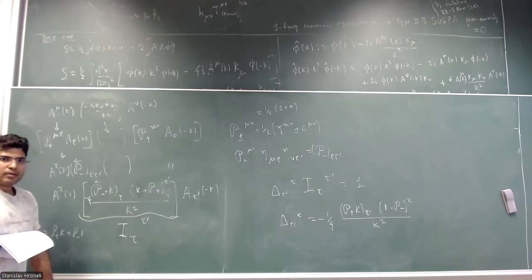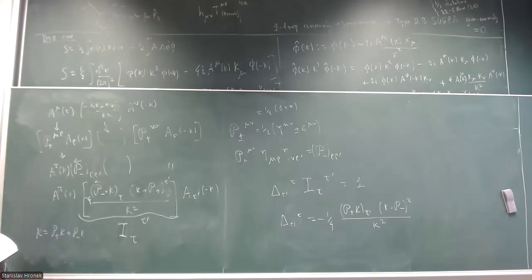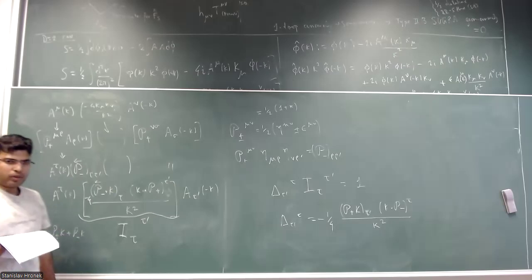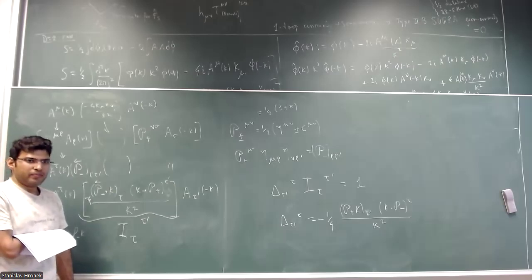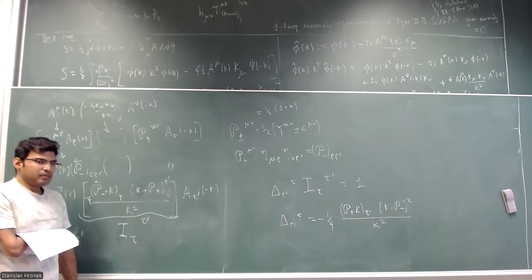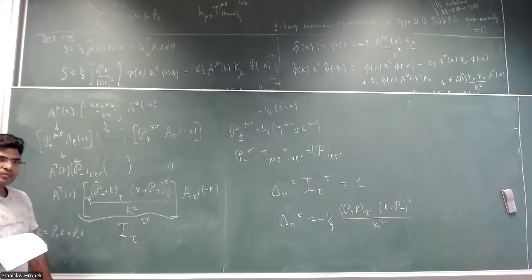Now take the square of this. You can square this and you will get all sorts of terms, but what exactly are you after? What I'm after is that you take one of these terms, which is going to be k P plus k, and you're replacing it with k squared.